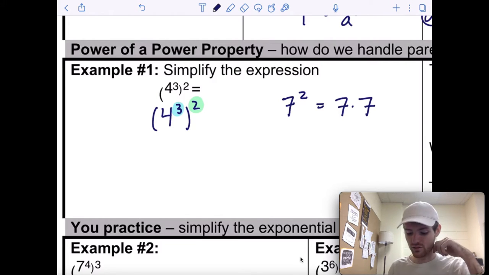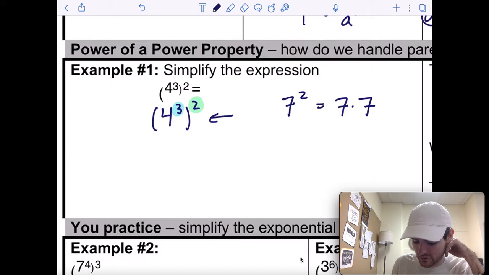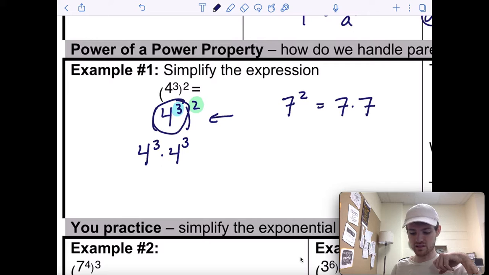Well, here, when we see 4 to the third squared, we could write that out if we wanted to, and we do, as 4 to the third times 4 to the third, because we're taking this piece and we want to do that twice. We want to multiply it by itself.